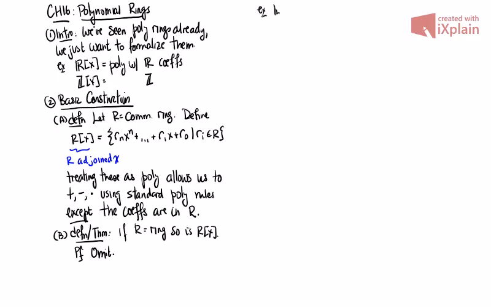So in Z3 adjoined x, for example, if we wanted to multiply 2x squared plus x plus 1 times x plus 2, we would distribute it, just like we do with regular polynomials.